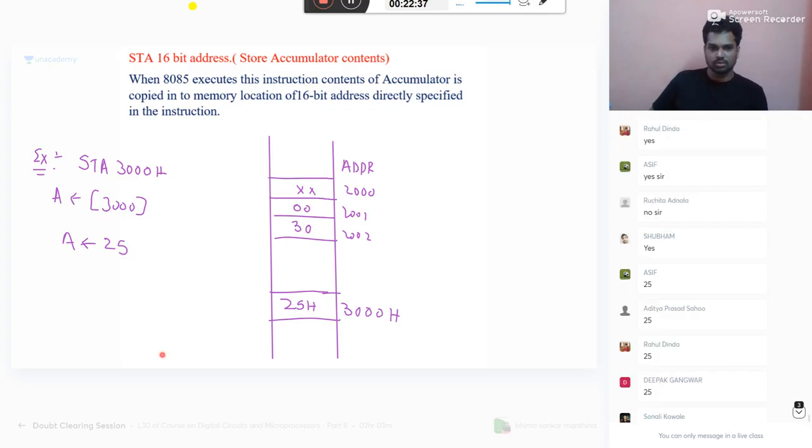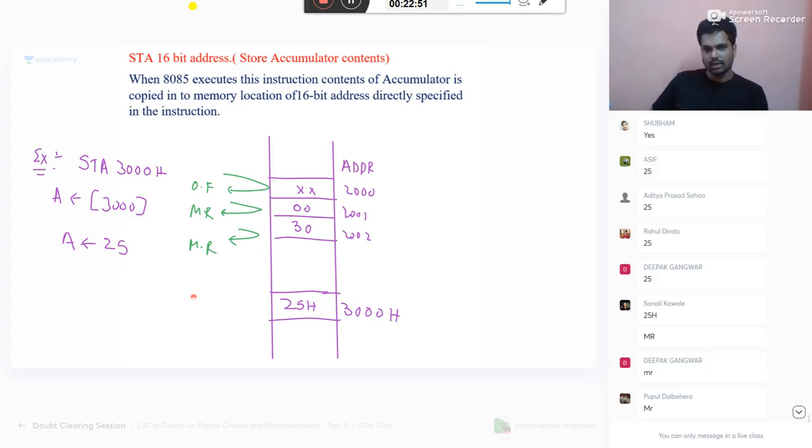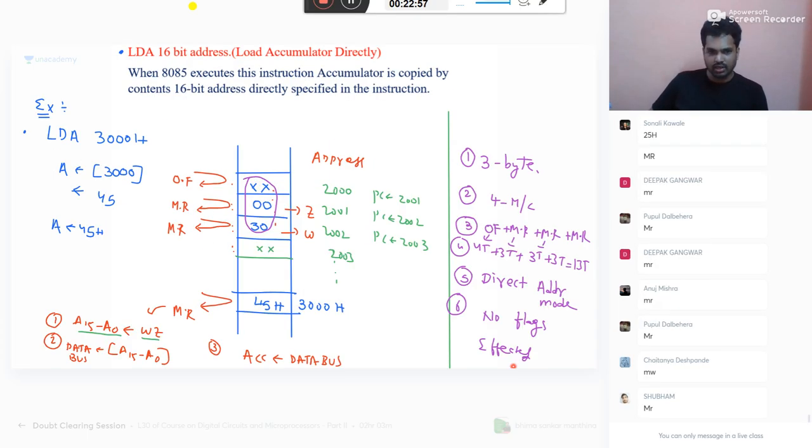Now see here. First opcode fetch. Then memory read. Why did I write memory read here?